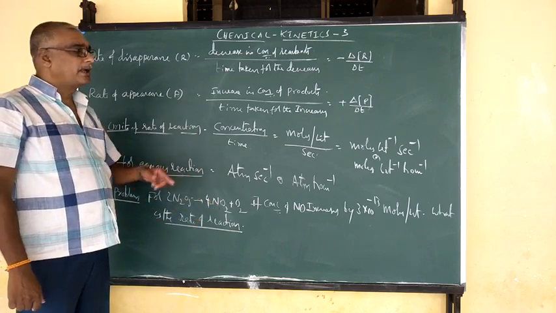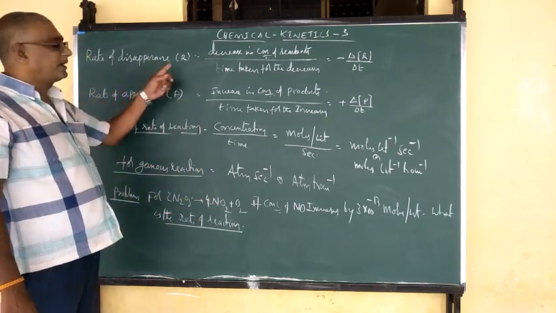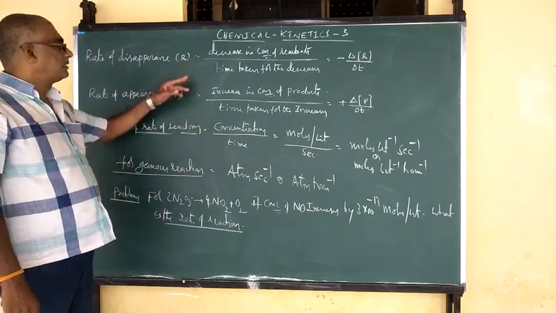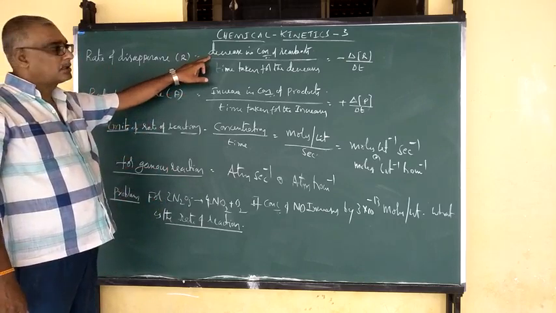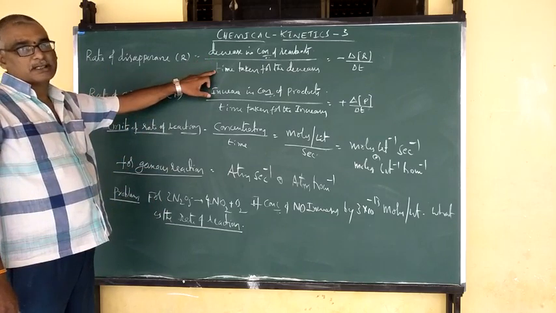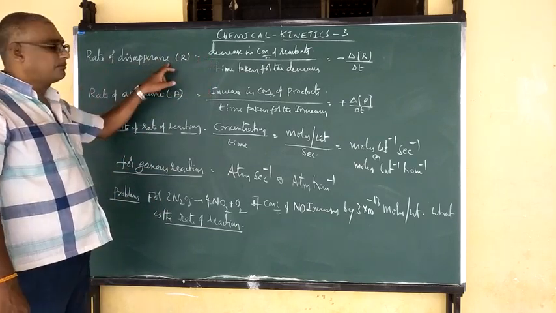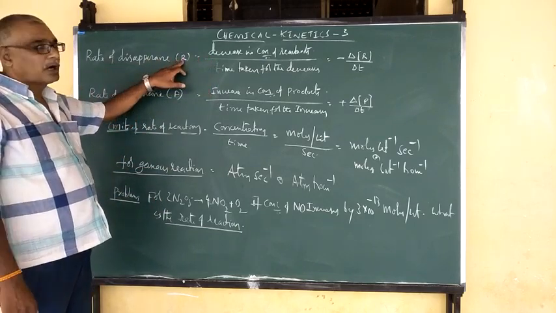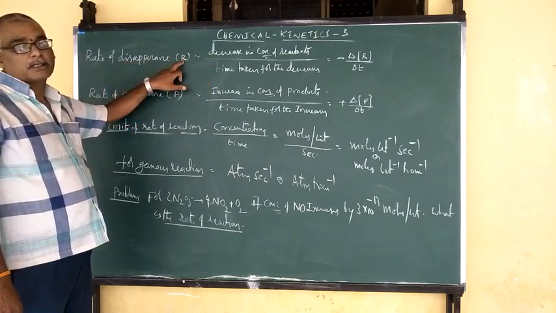Today, rate of disappearance means the decrease in the concentration of reactants divided by the time taken for the decrease. That is called the rate of disappearance. Here, in the bracket, R means reactants.